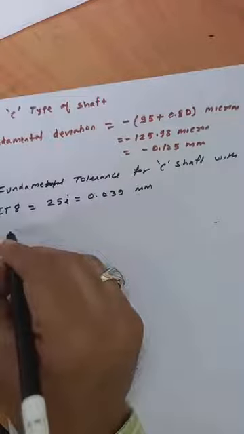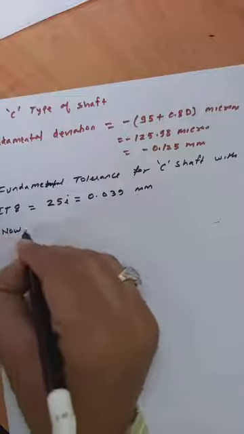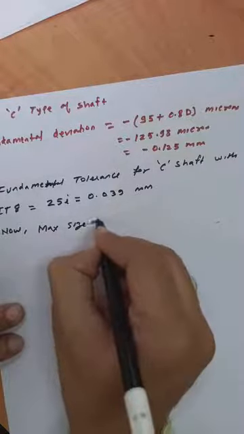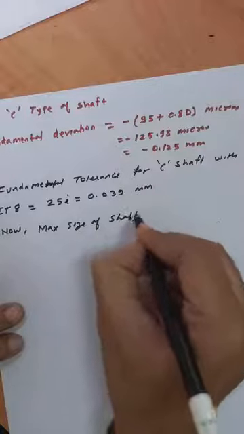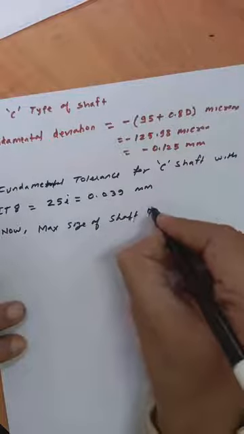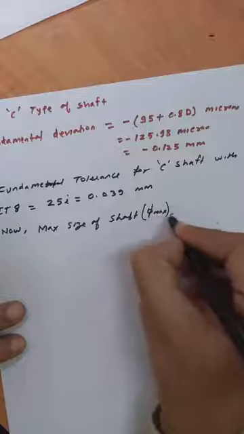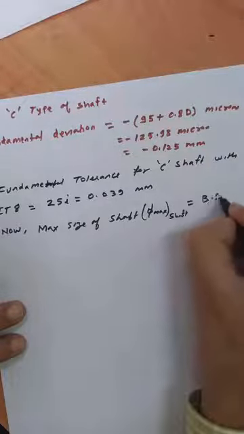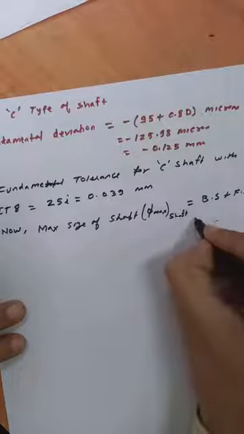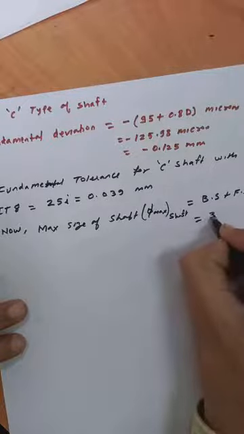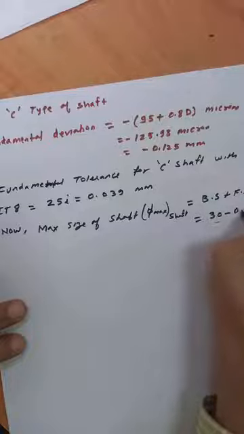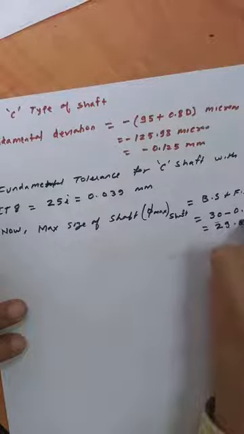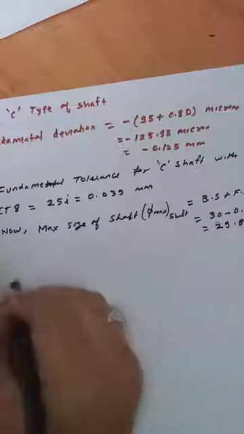Now calculate the maximum size of shaft. Maximum size of shaft, that is phi maximum for shaft, is basic size plus fundamental deviation. So basic size is 30 minus fundamental deviation 0.125, it comes to be 29.874 mm.